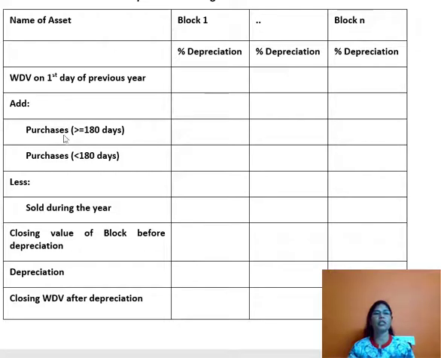Add purchases during the year, purchases of the asset which would be used for more than 180 days and less than 180 days during the previous year, less assets sold during the year. We get the closing value of the block of asset, and then let us charge the depreciation on the given percentage, whereby we get the written down value of the asset.